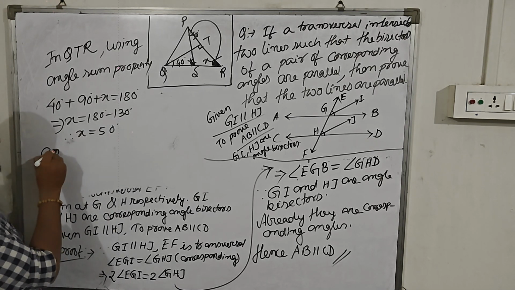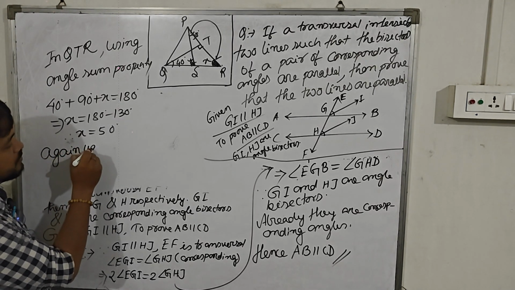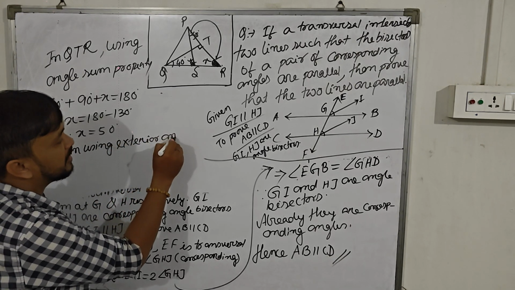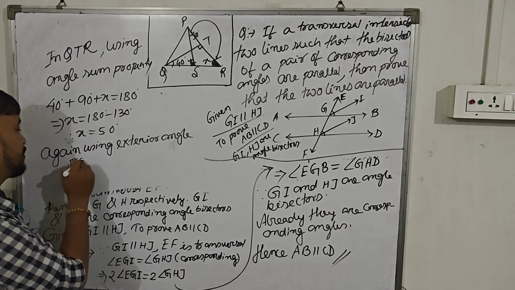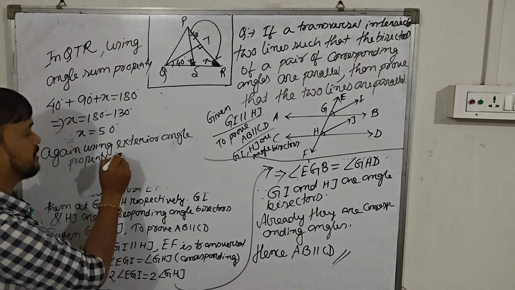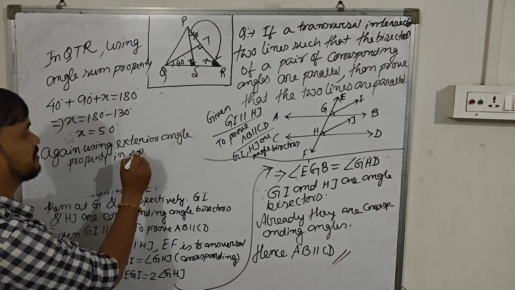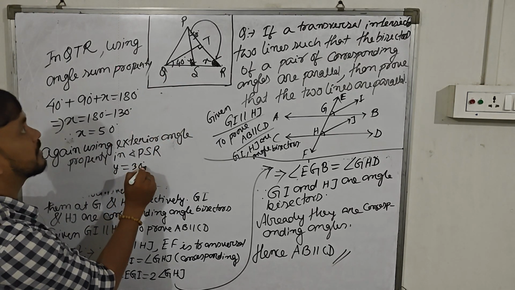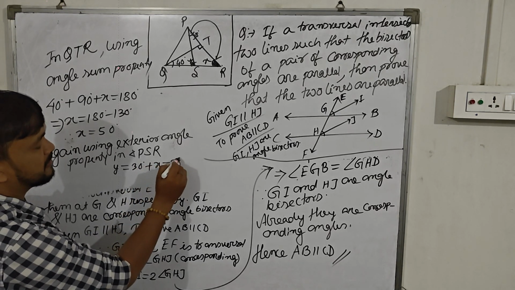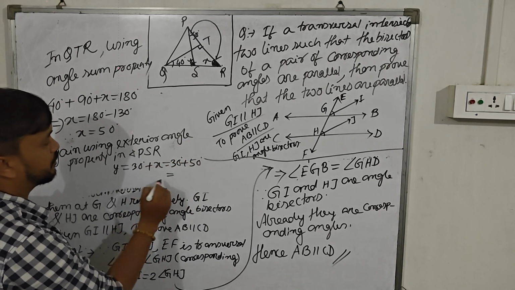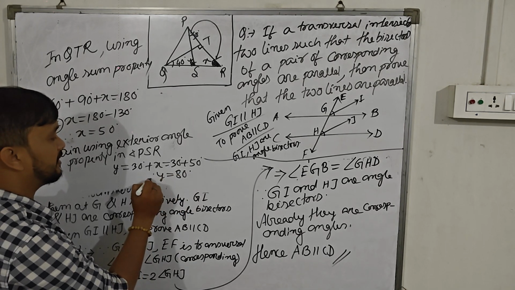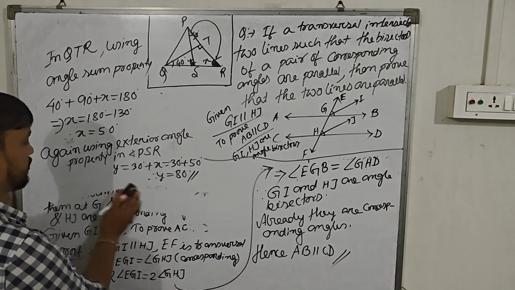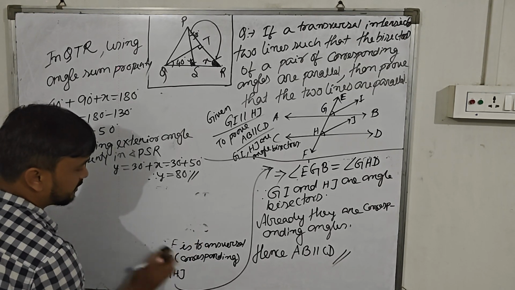So write again, using exterior angle property in triangle PSR, Y is equal to 30 degree plus X, and we know X is 50 degree, so the value of Y is 80 degree. The question is solved easily.